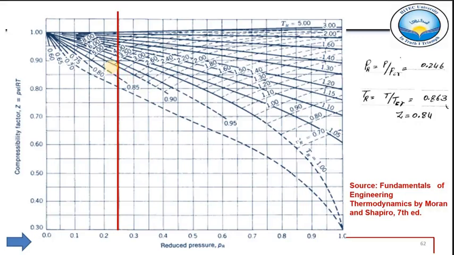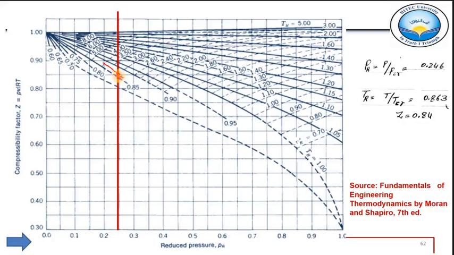There you can imagine an intersection of this PR and TR of 0.863. For example, this intersection is somewhere here. There will be this imaginary line, 0.86, and here is the intersection. So now we have the intersection of PR and TR.